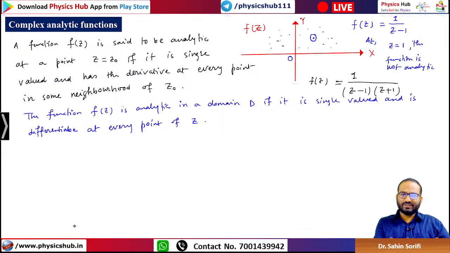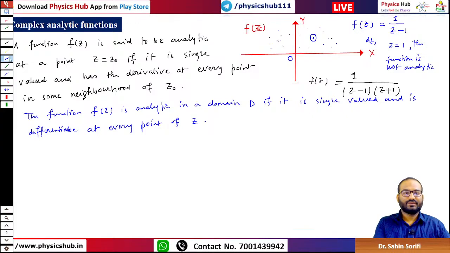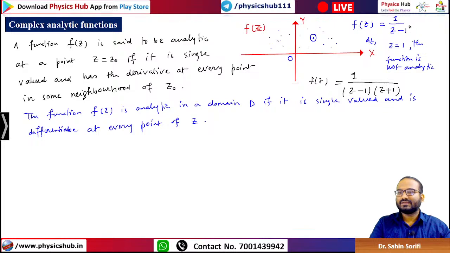So how will you check at which point the function is not analytic? What are you going to do? Singular points, yes, those are singular points. How will you check at which point the function has a non-analytic point? What is the condition? The condition is that the denominator becomes 0, then f of z becomes infinite, right?